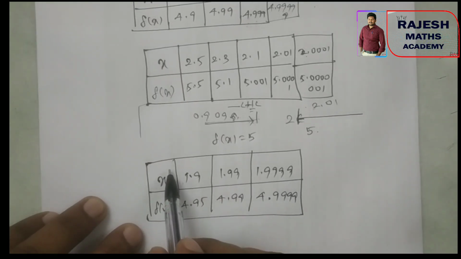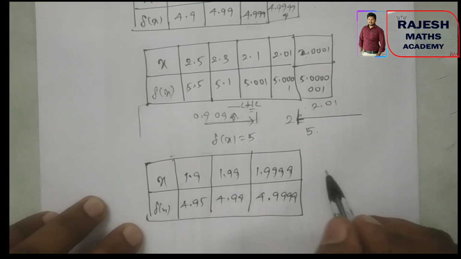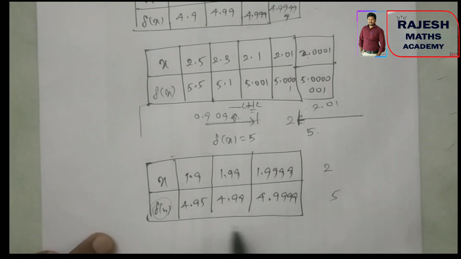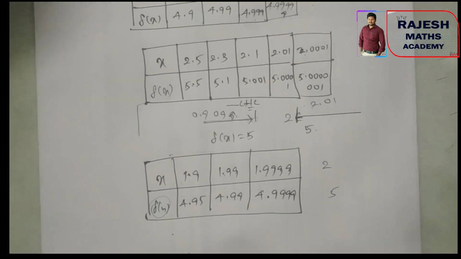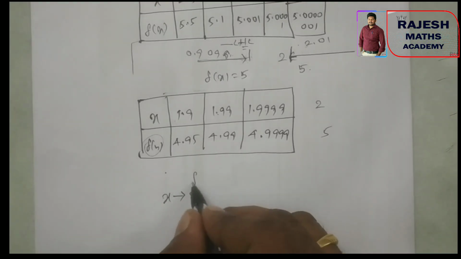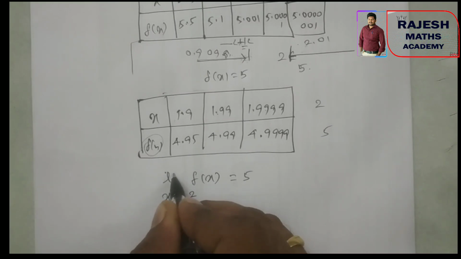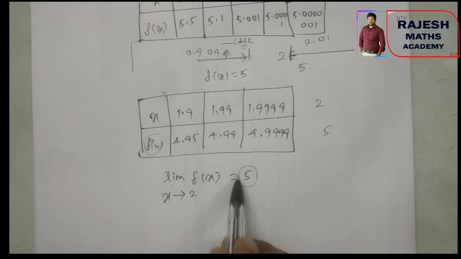See that here x approaches 2 through 1.9, 1.99, 1.999, and f of x approaches the value 5. For this I am using the limit: x approaches 2, my f of x approaches 5. That is called the limit of the function. Limit of f of x as x tends to 2 is equal to 5.